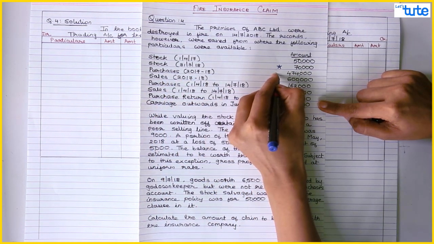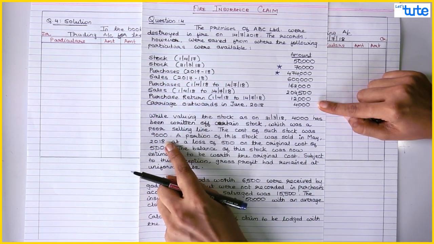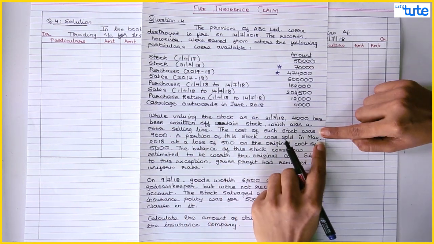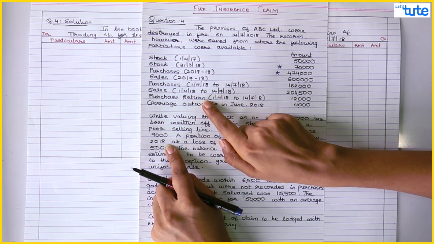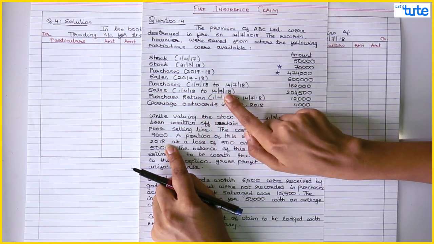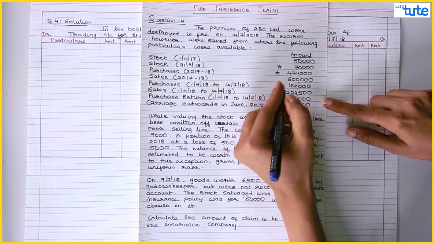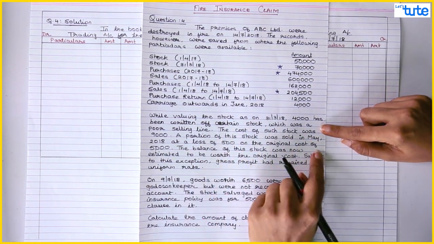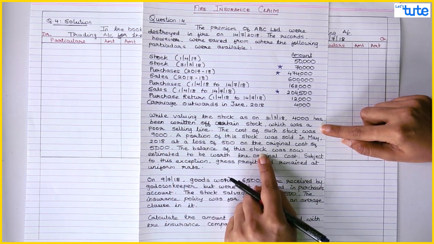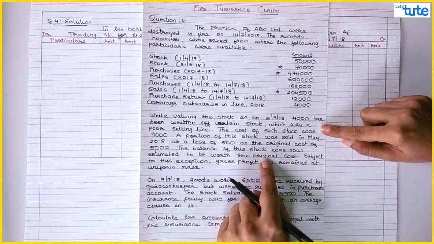So that will have adjustment for last year purchase also. A portion of this stock was sold in May 2018. So in this period, in the current year sales, that is April 18 to 14 July 18, these goods were sold at a loss of 500 on original cost of 5,000 and the balance stock was now estimated to be worth the original cost.